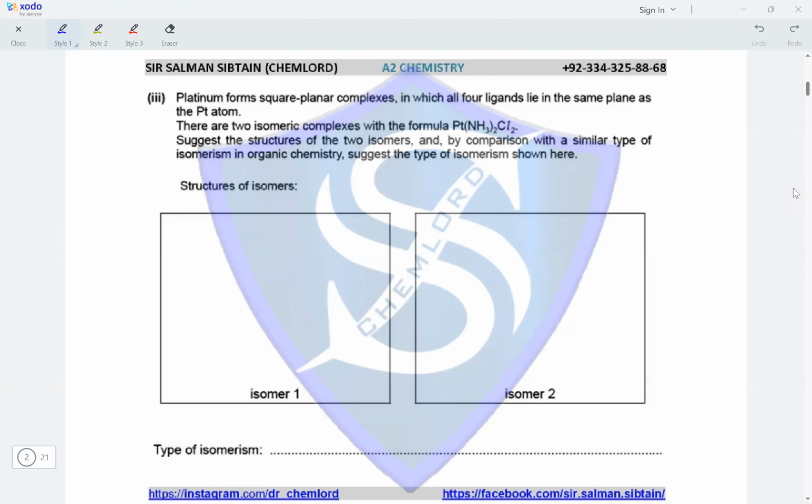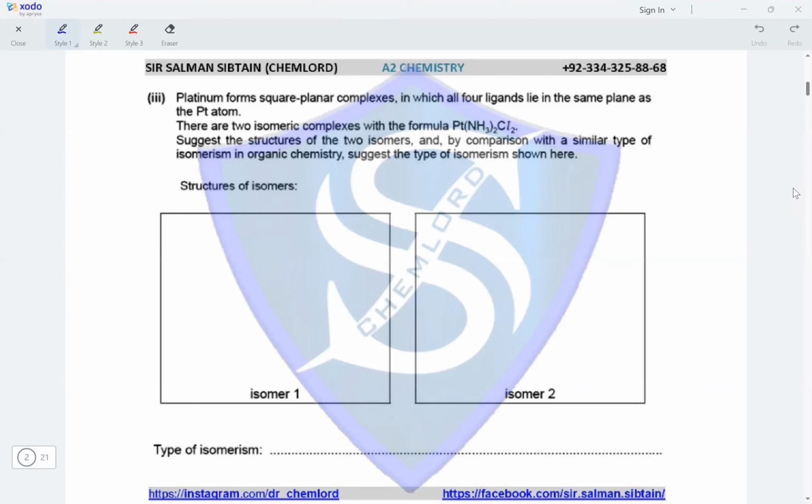Next, platinum forms square planar complexes in which all four ligands lie in the same plane as the platinum atom. There are two isomeric complexes with the formula Pt(NH3)2Cl2. Suggest the structure of the two isomers, and by comparison with the similar type of isomerism in organic chemistry, suggest the type of isomerism shown here.